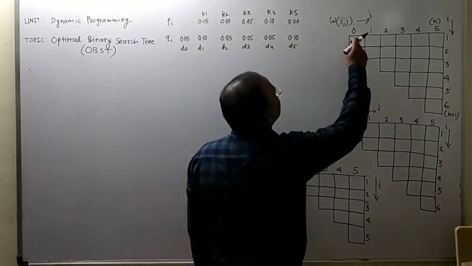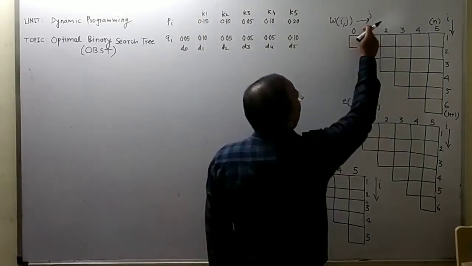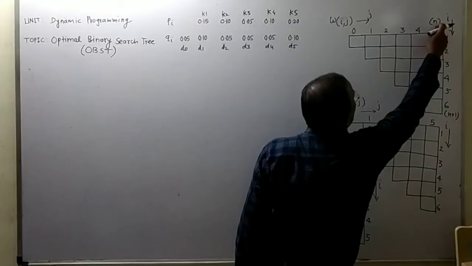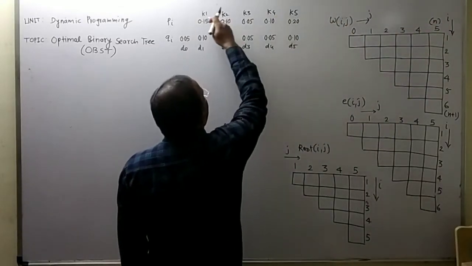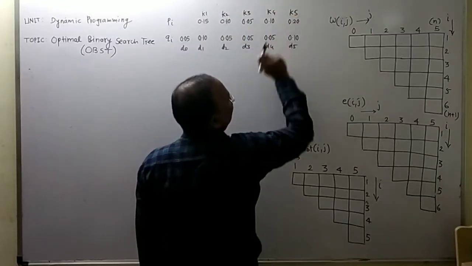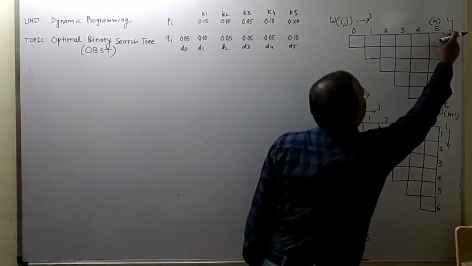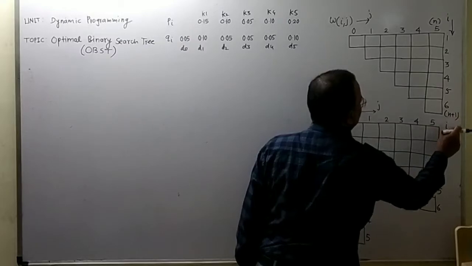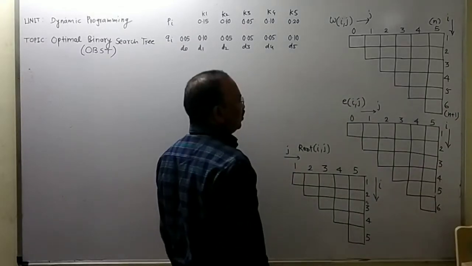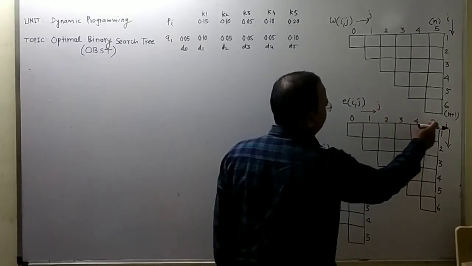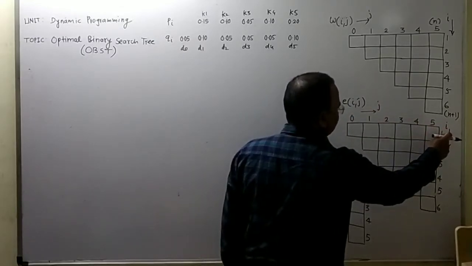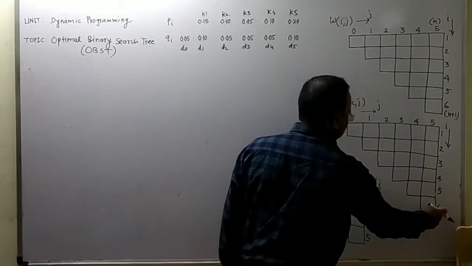Here in W table, J starts from 0 to N. N is nothing but number of actual keys. Total number of actual keys are 5. And I starts from 1 to N plus 1. Similar way, in E table also, J starts from 0 to N and I starts from 1 to 6.